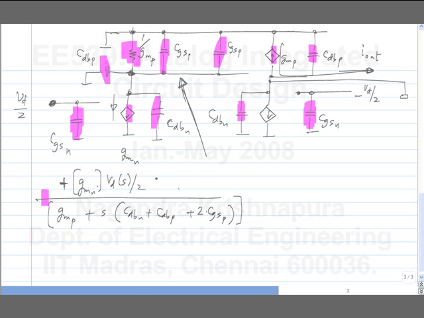That is one part of I out. What is the other part of I out? It's through this. Okay, because this minus Vd by 2 times GMN gives you GMN times Vd by 2 in the upward direction. Okay. That is the output current.